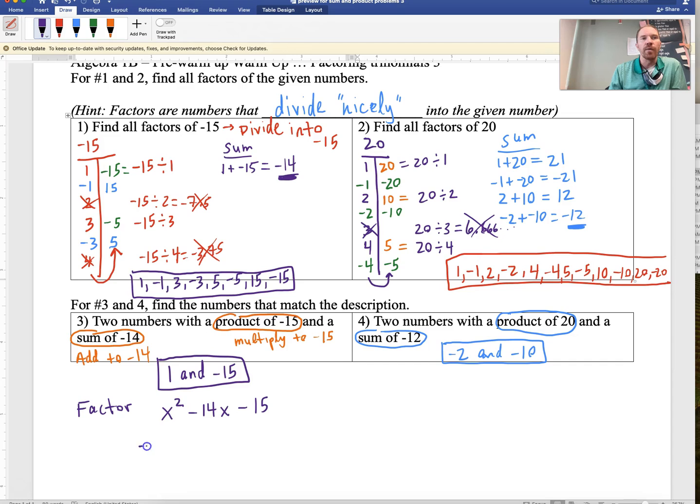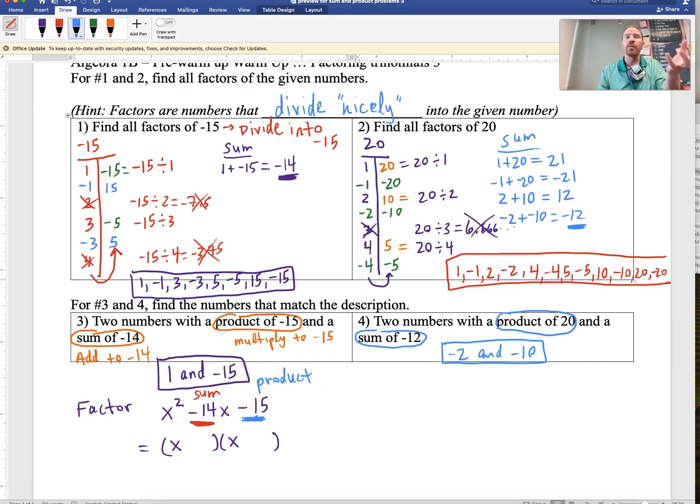And so what we're going to learn when we do this is we're going to have 2 sets of parentheses, and we're going to start each set of parentheses with just x. But we're going to fill in numbers, one number in each set of parentheses. And then the question is, what are the numbers? Well, the trick is that we want a sum of negative 14, and we want a product of negative 15. Well, that's what we discovered in number 3.